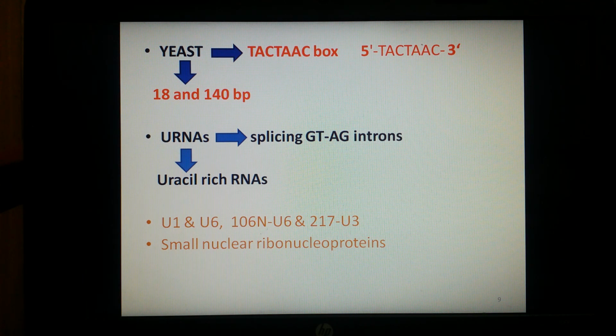In the cell, uRNAs exist in particles called small nuclear ribonucleoproteins, snRNPs. So this was all about uRNAs.